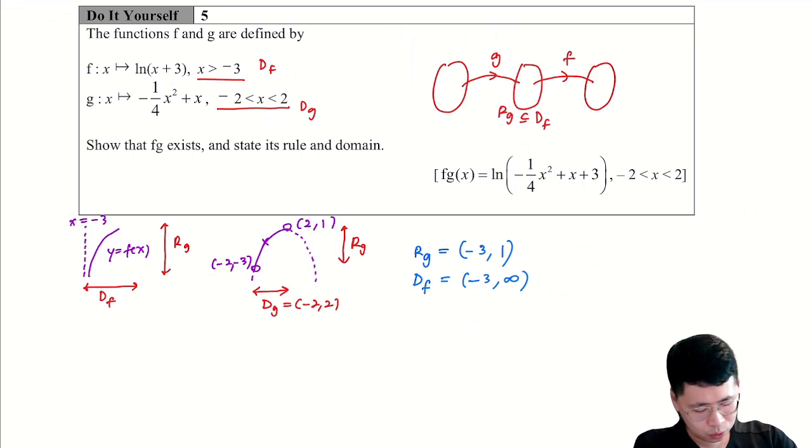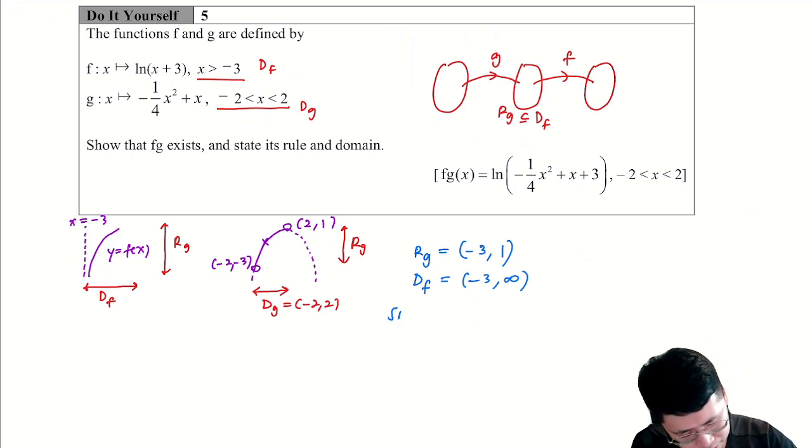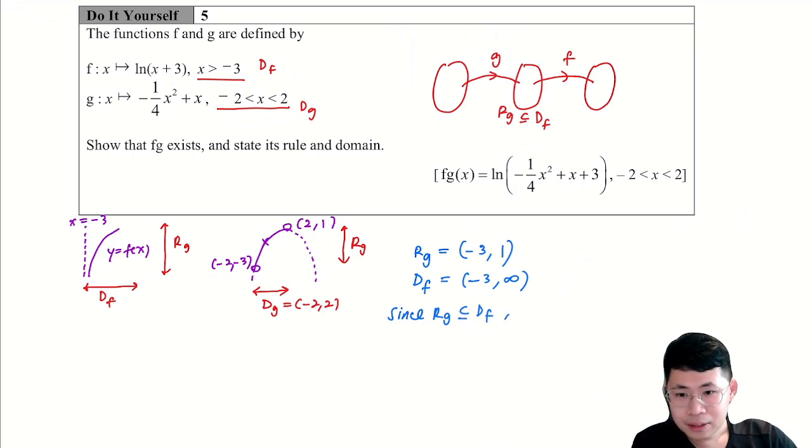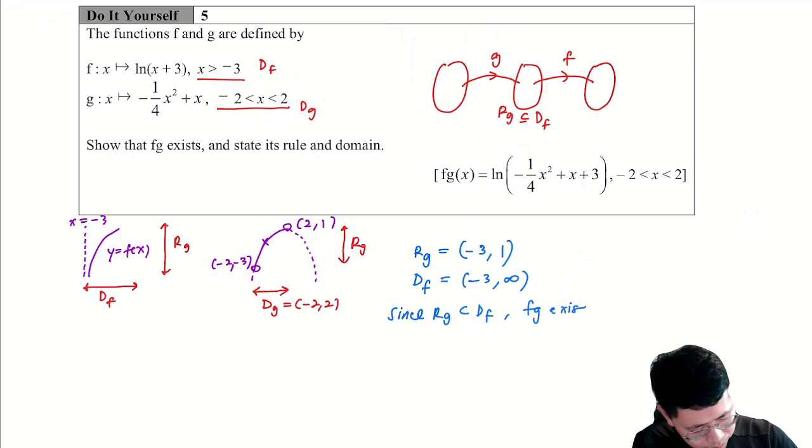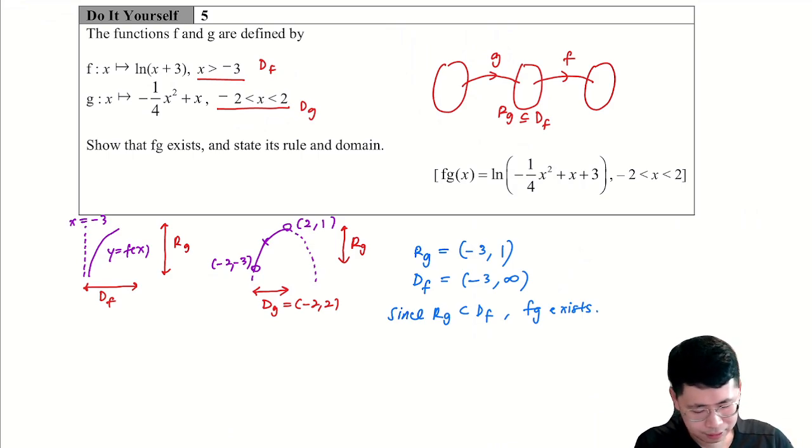So since the range of g is a smaller set than the domain of f, if you want to put the equal, can, no problem. If you want to put a full subset, also can. So this one, fg exists. Okay, so this is the first thing.